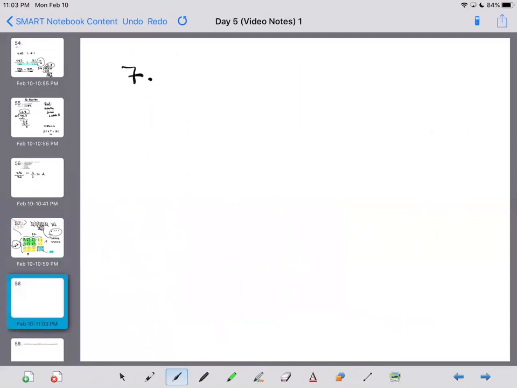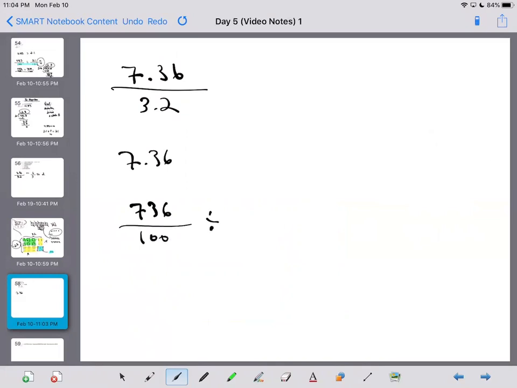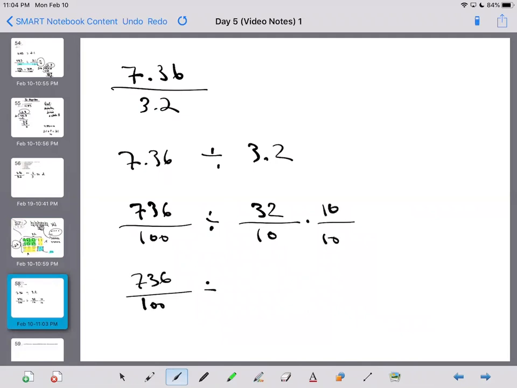So let's do the same thing with the fraction model. So I've got 7 36 hundredths, which would be 736 hundredths divided by 3 2/10, which would be 32 tenths. And so I just need to multiply this by 10. So 736 hundredths divided by 320 hundredths.